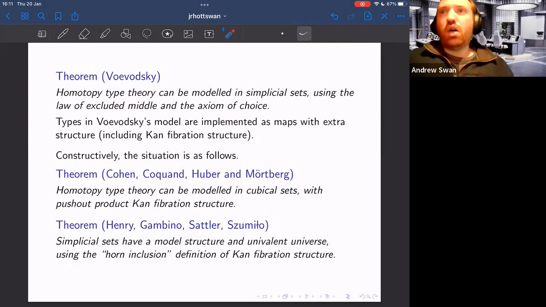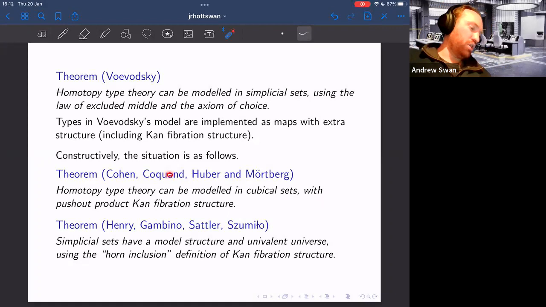Okay, and later on, Thierry Coquand and his collaborators, and various other people as well, independently came up with constructive models of homotopy type theory, and these are all based on cubical sets. I guess there's more than one of these, but here I was talking about what I'm going to call the CCHM cubical set model.